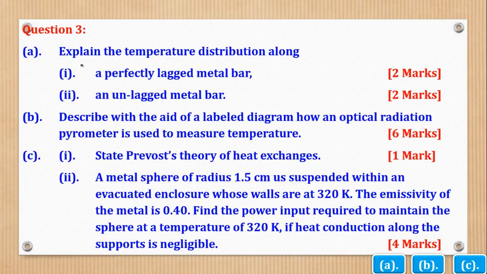Question 3 part A says, explain the temperature distribution along Roman 1, a perfectly lagged metal bar, and Roman 2, an unlagged metal bar.